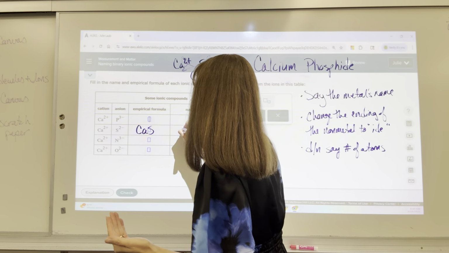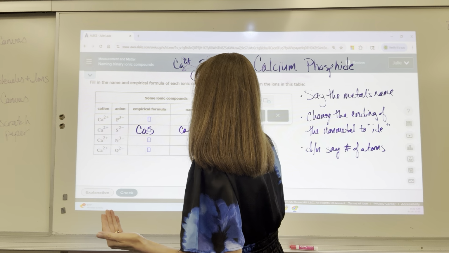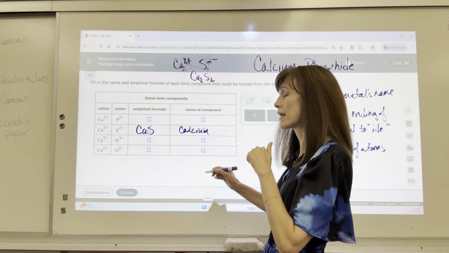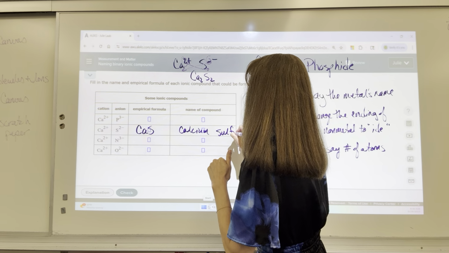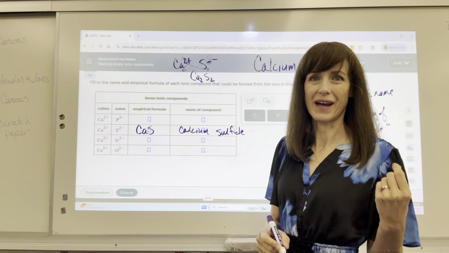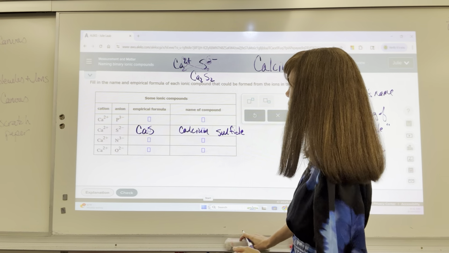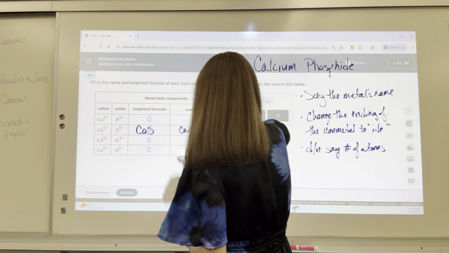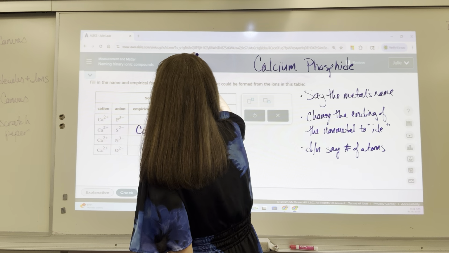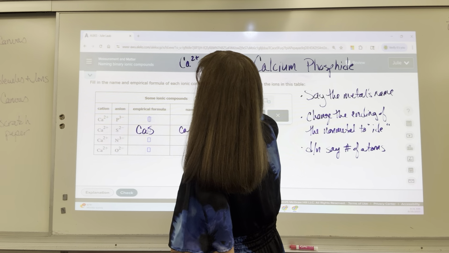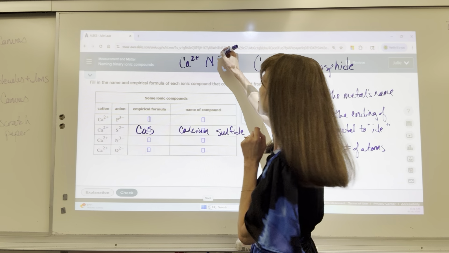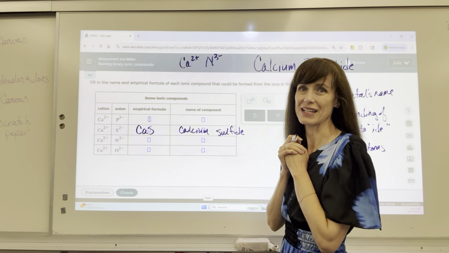And the name, help me name this. Say the metal's name, calcium. And then the sulfur changes to what again? Sulfide, from sulfur to sulfide. Very good. Let's do another one. We're going to have our calcium 2 plus and nitride. So nitrogen becoming an ion, nitride.